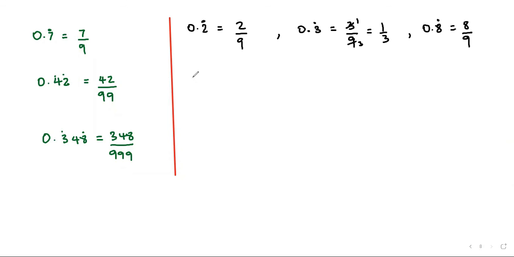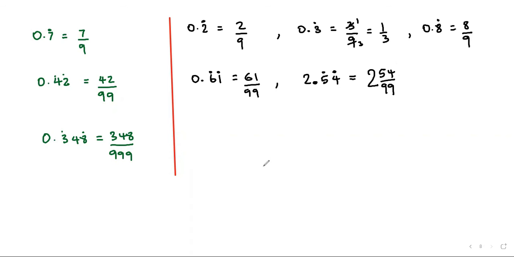If I have 0.61 repeating, I will have 61 out of 99. If I have 2.54 repeating, I will have 254 out of 99. You see that we have two nines because two digits are repeating.